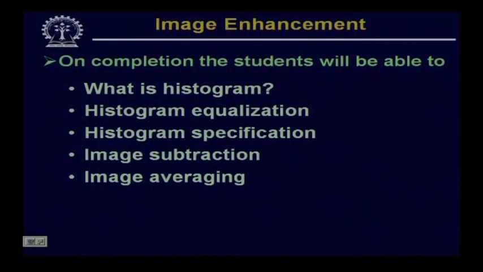We will talk about initially what a histogram is, then two histogram based techniques. One of them is called histogram equalization and the other is called histogram specification, or sometimes histogram matching or histogram modification.